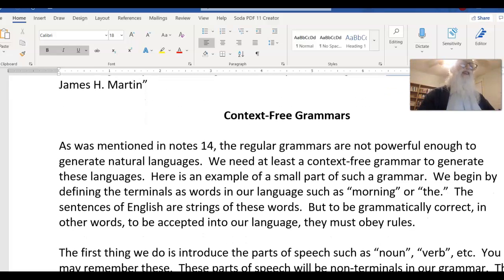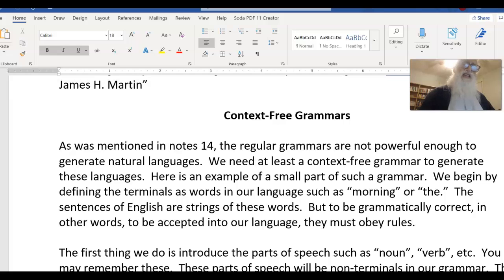We begin by defining the terminals as the words in our language. So basically, we will have a dictionary with all the words that we are playing with in English. Now, this particular example is a rather small number of words. It's made for a language involving airplane flights.